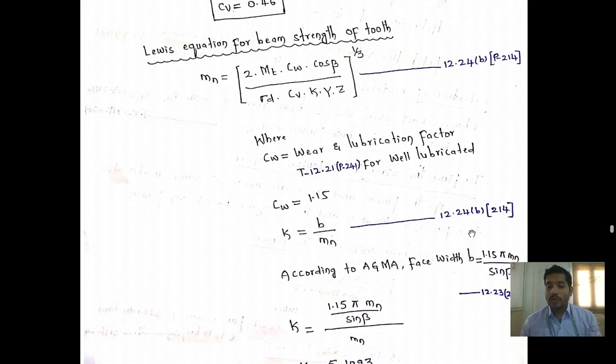Refer to page number 214, equation 12.24b. The B value should also be different here. According to AGMA, the face width B is equal to 1.15 pi into Mn by sin beta. Refer to equation 12.23, page number 213.